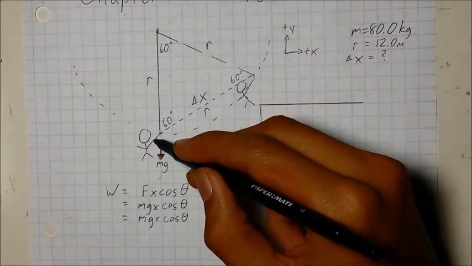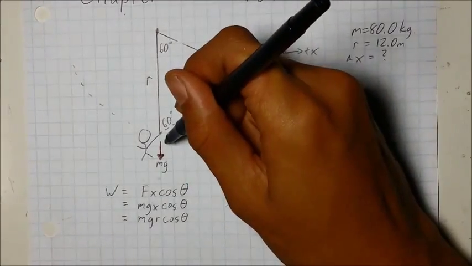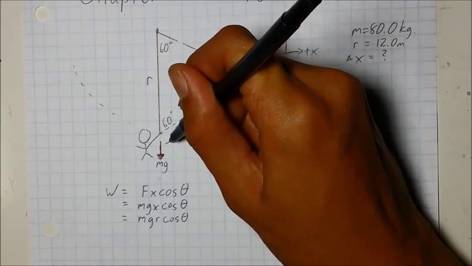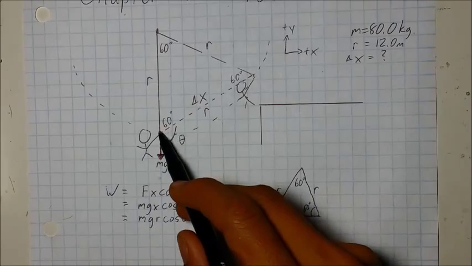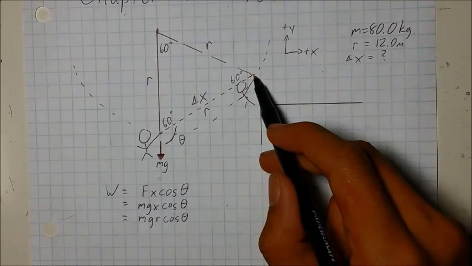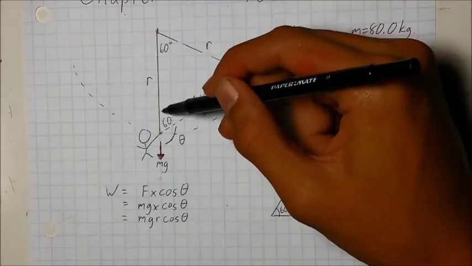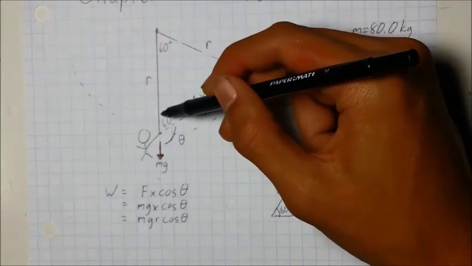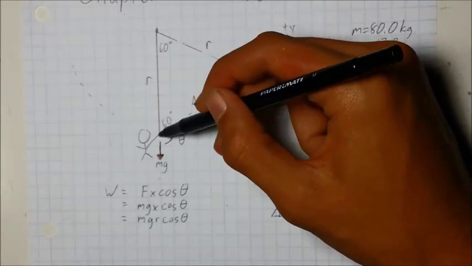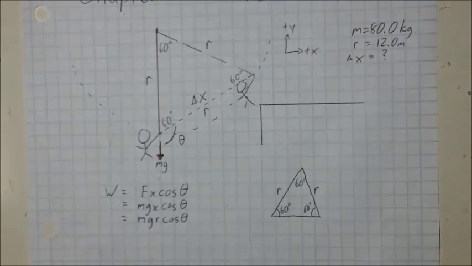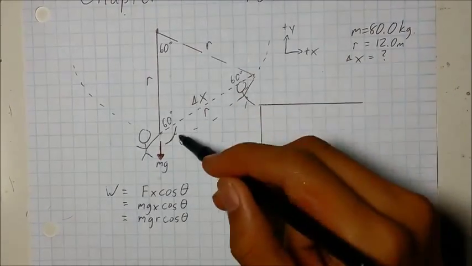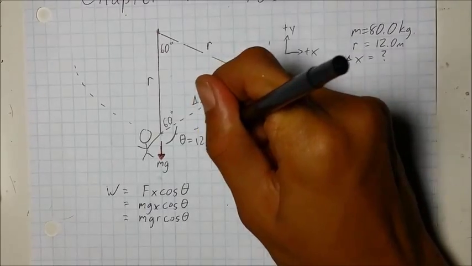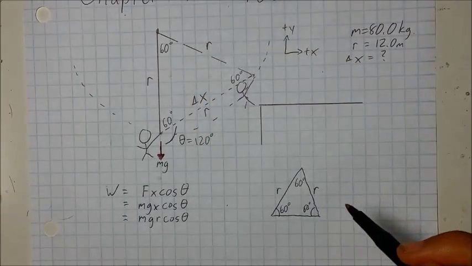So we can see here, this angle, theta, is actually this angle right here, the angle between the force and the direction of the displacement. And we can see that this force is going down, and this right here is 60 degrees. So knowing that these are supplementary angles, theta must be 120 degrees.